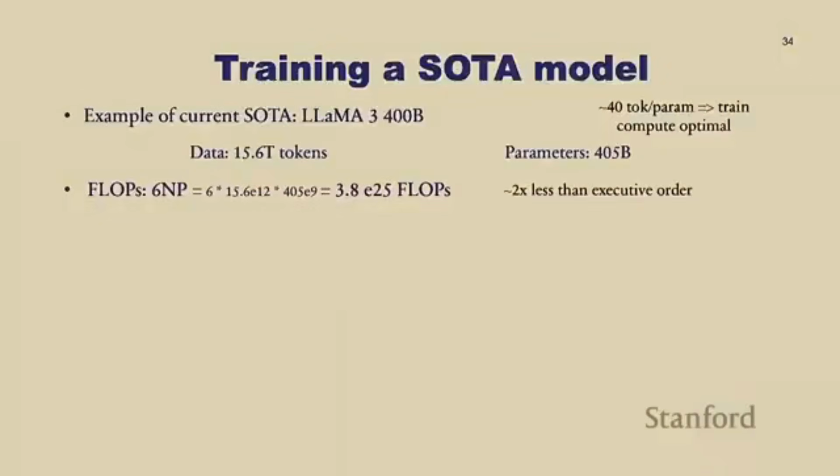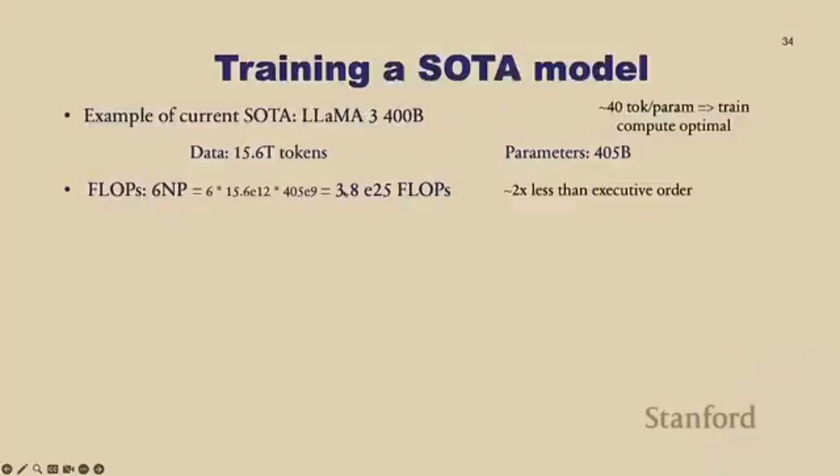Flops for this model. One simple way to compute flops is 6 times the number of parameters times the amount of data that you train on. If you do the simple calculation here, it's 3.8e25 flops. The reason why this is important is that if you followed the news a little bit, there's an executive order from Biden that basically says that once you have 1e26 flops, then you have special scrutiny on your models.